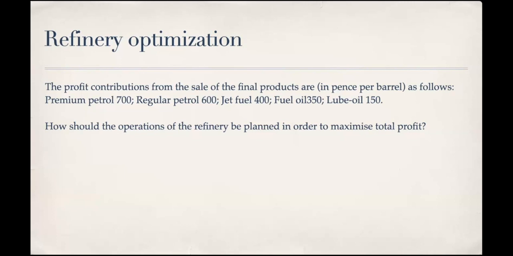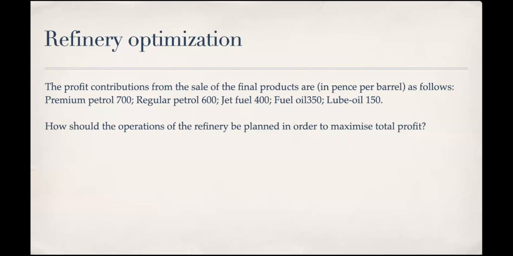Yes, how much we split each stream and send to each process, right? So I recommend you to draw the whole process and connect all the possible streams. For example, we start from the distillation column, right?